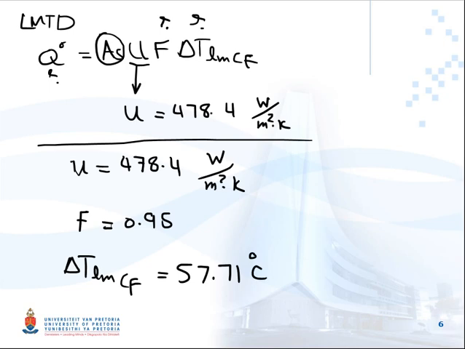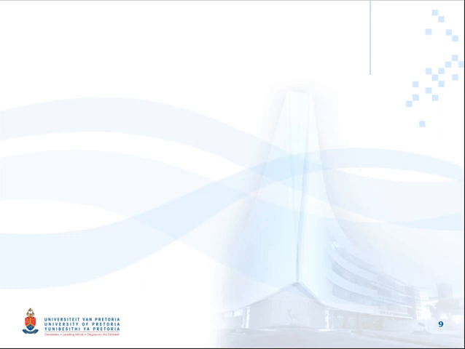Now the only value that we need is Q dot. Okay, how are we going to calculate the Q dot? It's very simple, because we know from the energy balance that Q dot of the cold fluid is equal to Q dot of the hot fluid, by neglecting all the energy losses between the hot and cold fluid.